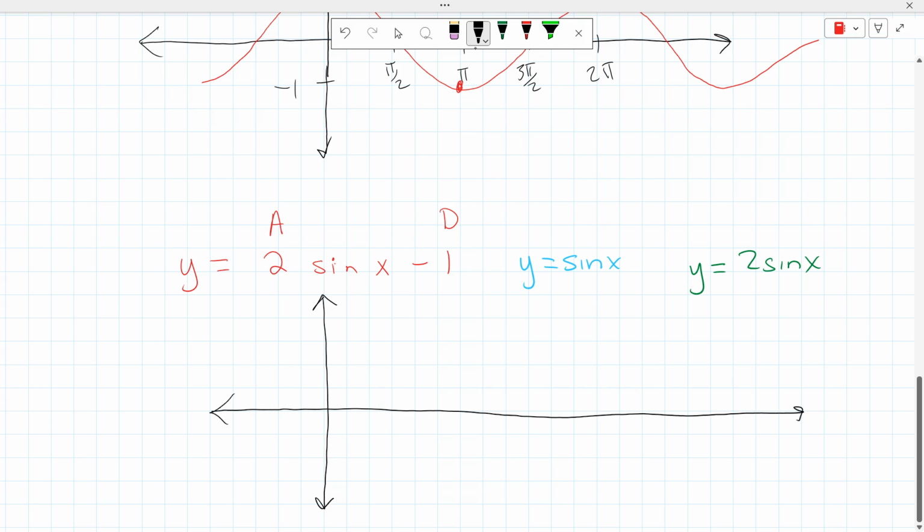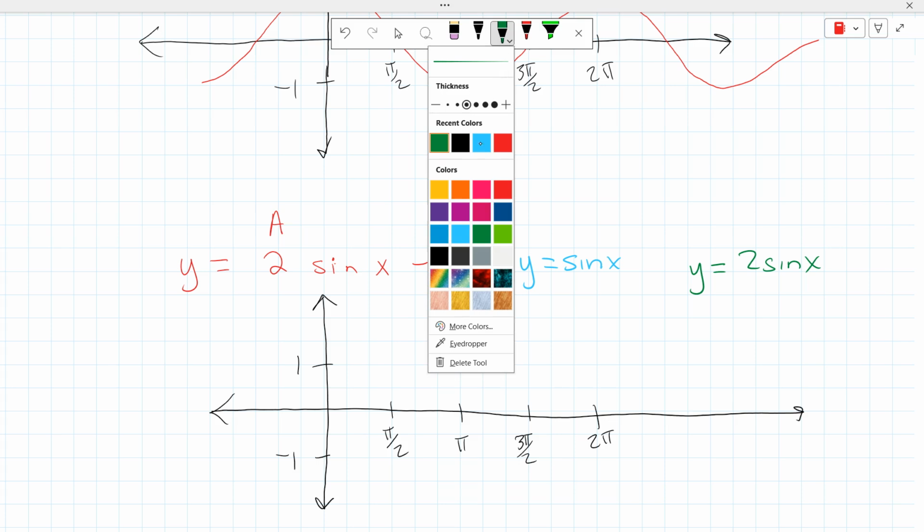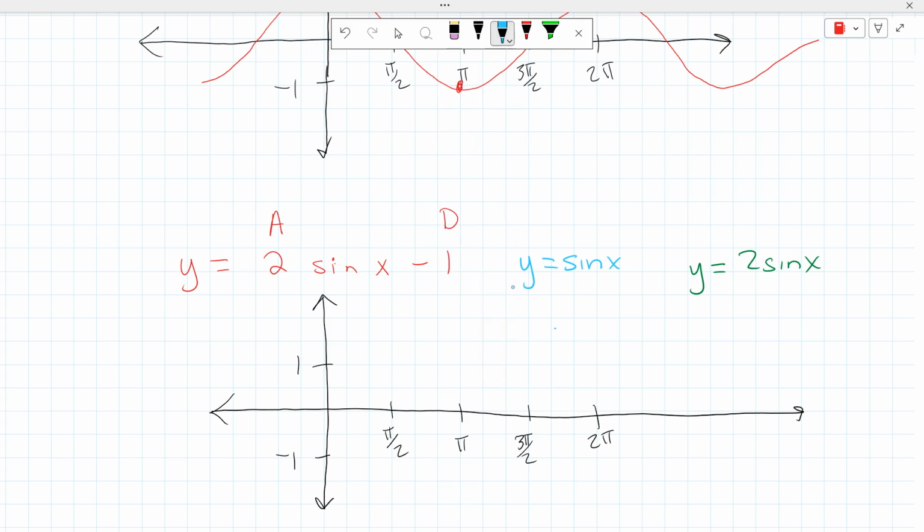And in light blue, I'm going to graph y equals sine of x. So, in light blue, I'm going to graph sine of x starts at 0, 0.